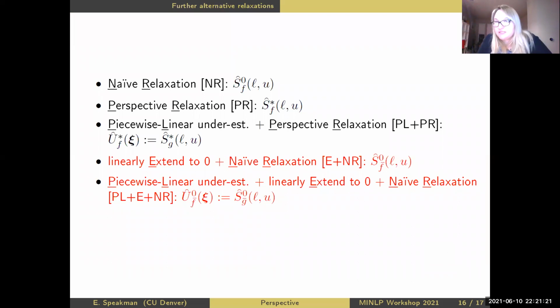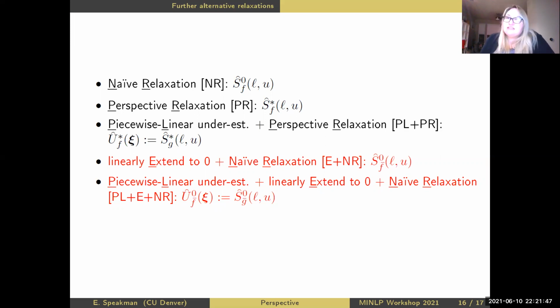All right, so what did we look at today? Well, we looked at the naive relaxation, we looked at the perspective relaxation, and we looked at what happens when you first take a piecewise linear under-estimator and then take the perspective relaxation. In the paper, we actually look at some different scenarios. So here you'll remember we have this assumption that f of 0 is equal to 0.